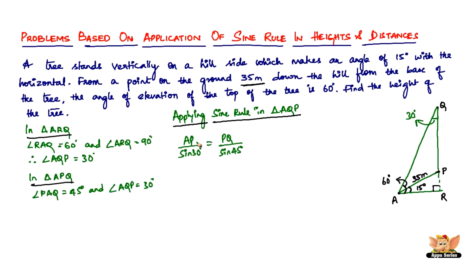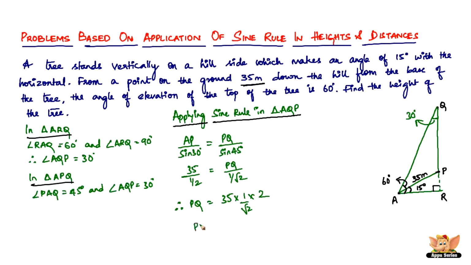And we already have the value for AP, which is 35. So 35 divided by sine 30 is half. So divided by half equals PQ divided by 1 by root 2. Therefore, PQ will be equal to 35 into 1 by root 2, and 35 divided by half will become reciprocal and will be into 2, right?